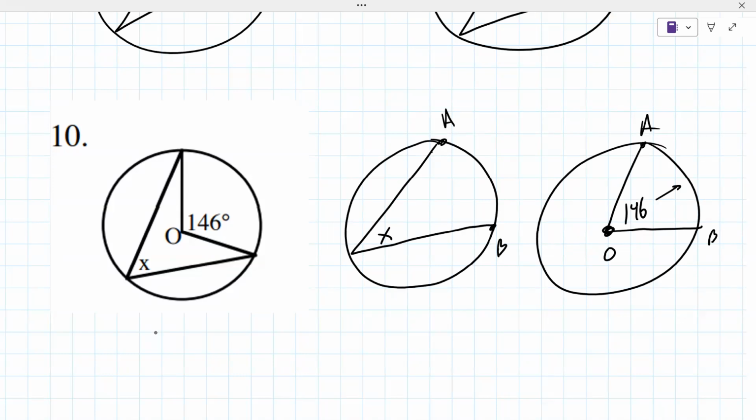So you want me to find which ones? A to B, from on the right here. What is A to B? That'd be 146. And then this is also 146.